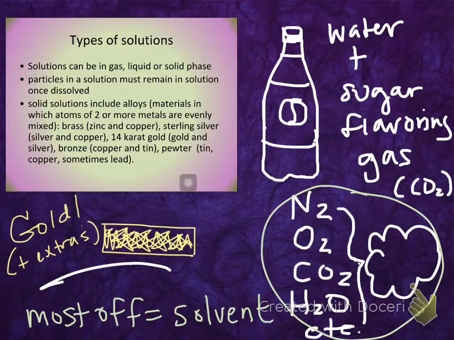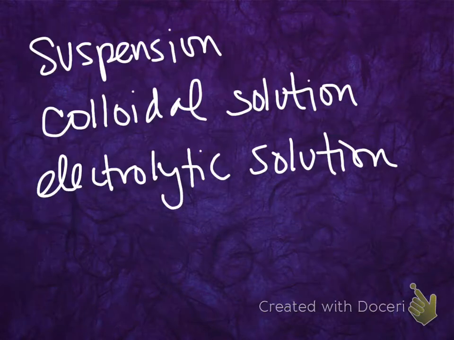So in our atmosphere, nitrogen is the principal atmospheric gas, comprising over 70% of our atmosphere, and we would consider nitrogen to be the solvent. In a 14-karat gold, which is actually more silver than gold, we would consider silver to be the solvent into which the gold is being dissolved.